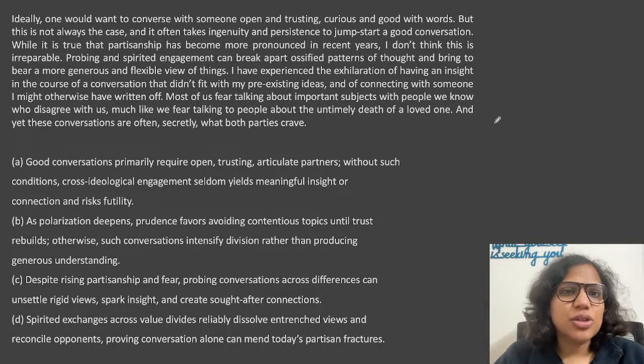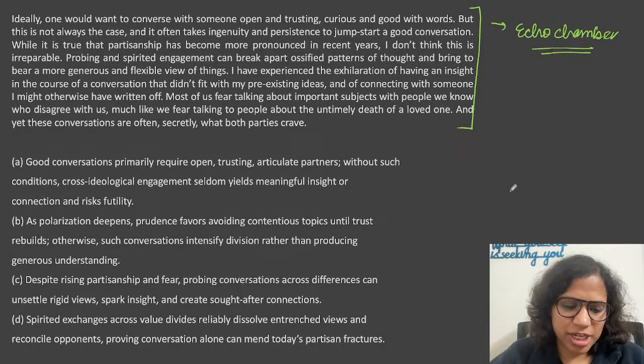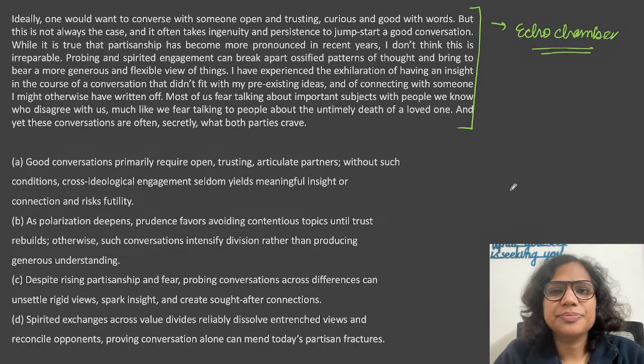Let's see. I find that the paragraph is quite interesting because it is the kind of paragraph that, if you implement it in your life, it can help you to prevent what we call an echo chamber. What do you understand by this echo chamber?